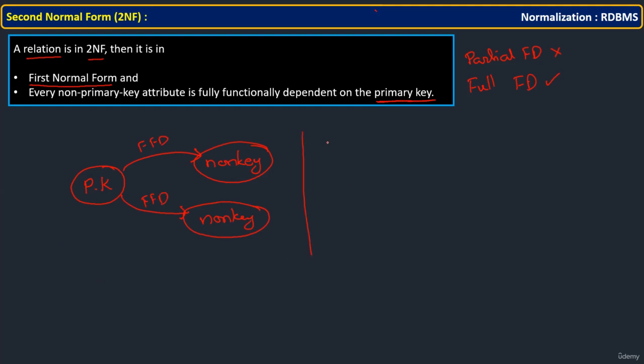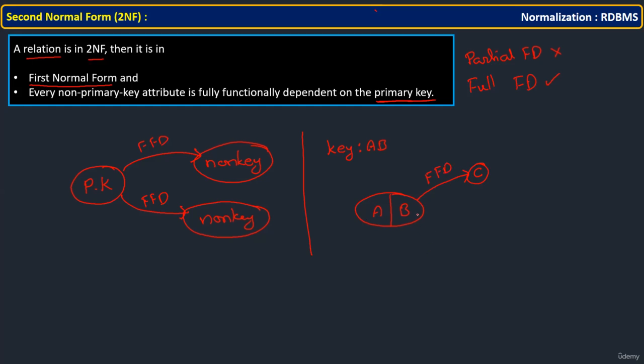For example, for better understanding, our key is AB, that means our key is A and B. Attribute C, you are deriving by using both A and B. So that is going to become a full functional dependency.